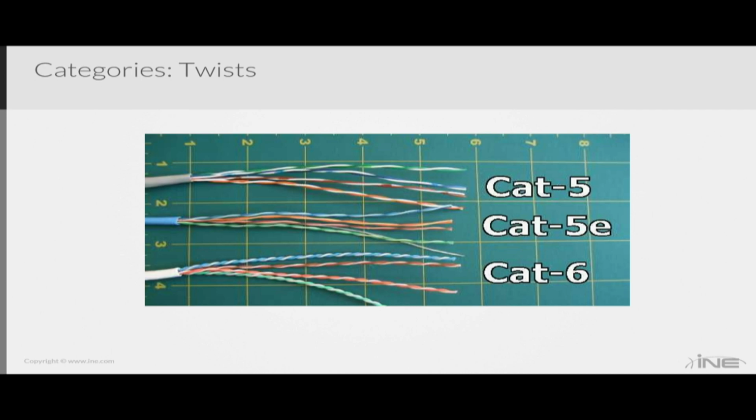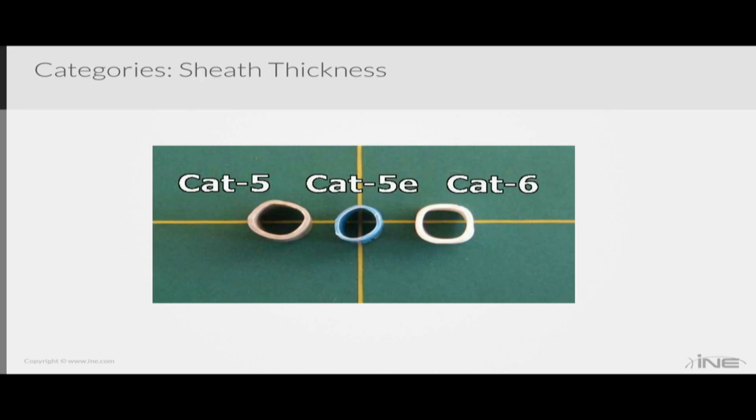In addition to that, you can see here that the outer covering, the sheath, is thicker the higher you go up in your categories. So that's one thing that makes different twisted pair cables different from each other: the category, the 5, 5E, 6. It even goes higher than that, and I'll show you a chart here in just a moment.